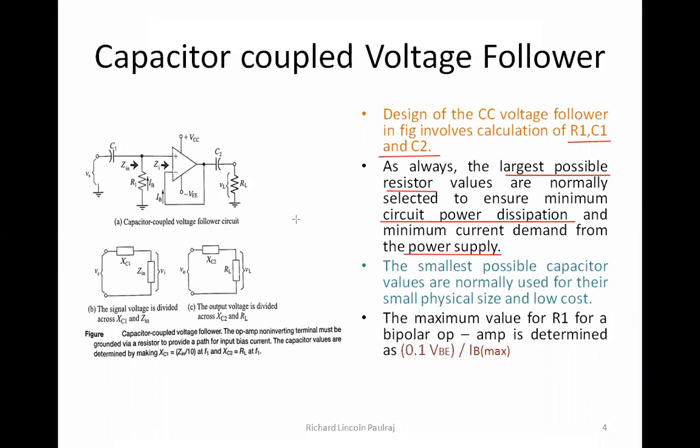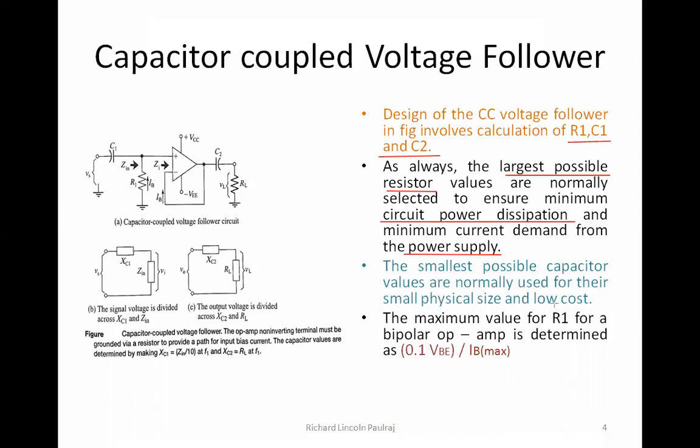So if I have the resistance values to be higher, that means I'm going to use less current, which impacts less power dissipation, and the impact is less power supply. The smallest possible capacitor values are normally used for their small physical size and low cost.